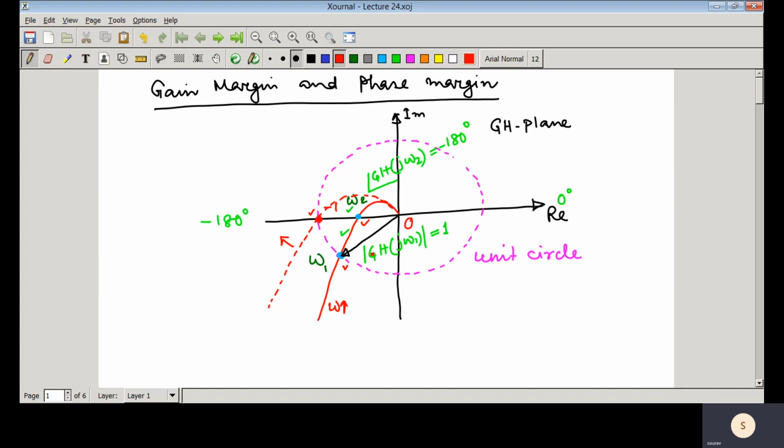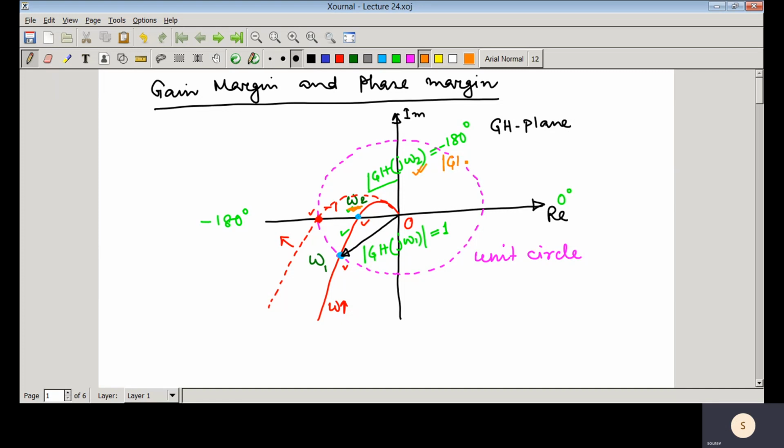So let us see what we can have here. One thing is that this is that gain. This is the frequency at omega equal to omega 2, and at that frequency, if we calculate the phase, that phase would be minus 180 degrees. So now what would be the gain?